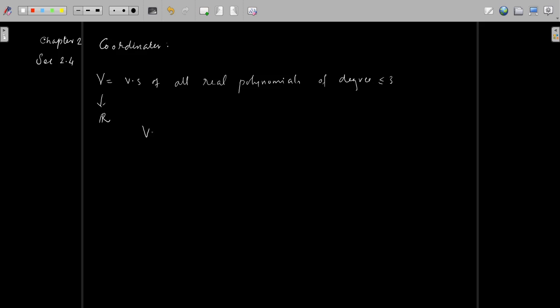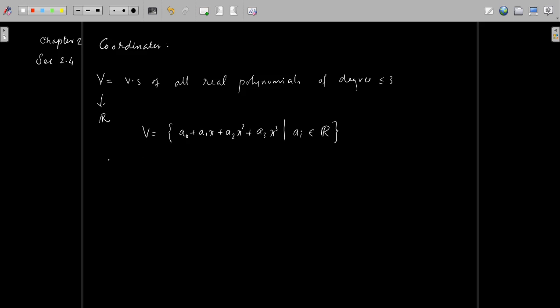Then the elements of V are nothing but a0 plus a1x plus a2x square plus a3x cube, where each ai is an element of the real numbers. This is the vector space of all polynomials of degree at most 3.